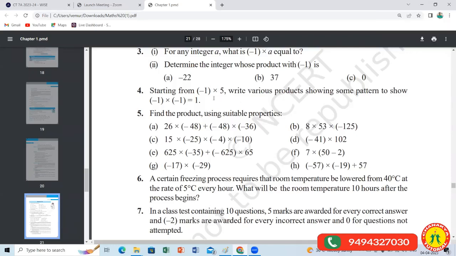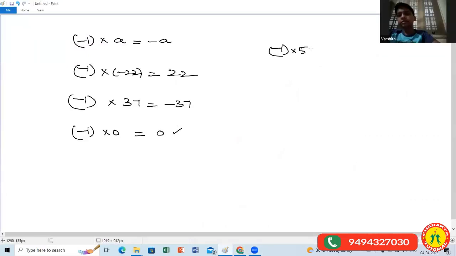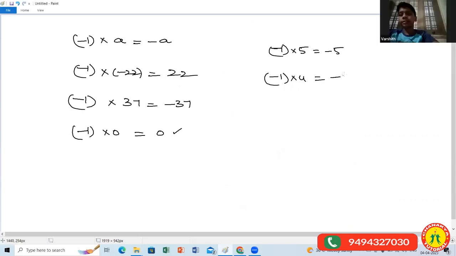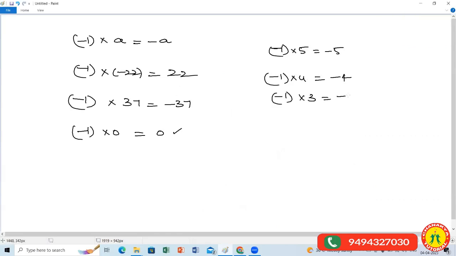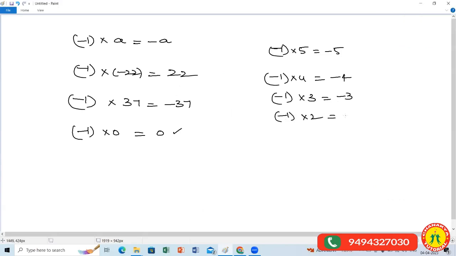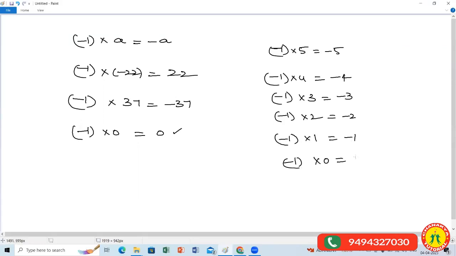Now, coming to this pattern, minus 1 into 5. What is the value? Minus 5. Minus 1 into 4, minus 4. Minus 1 into 3, minus 3. Good. Minus 1 into 2, minus 2. Minus 1 into 1, minus 1. Minus 1 into 0, ma'am, 0.